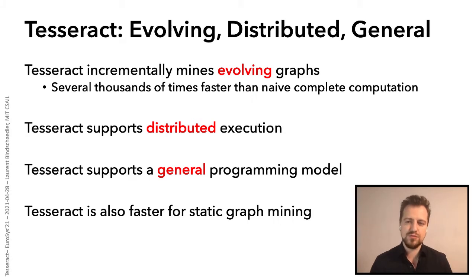Tesseract is also a distributed system, meaning it can scale out to a cluster of nodes, and it supports a general programming model. That is, it can match arbitrary patterns that are defined in code. Interestingly, Tesseract also happens to be faster than static distributed graph mining systems when the goal is to compute the full set of matches on a static graph.